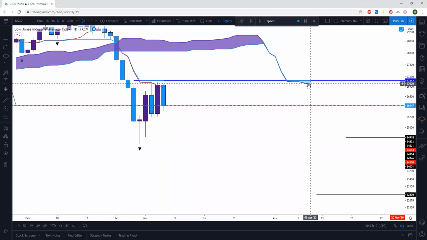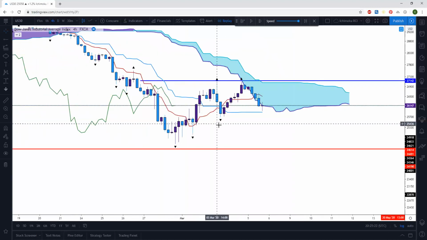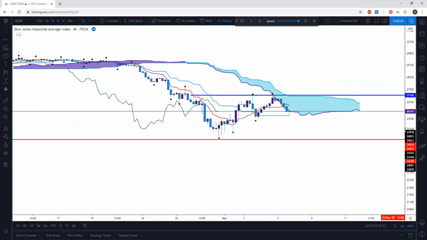And A is angled down, but that's still pretty much flat. So we're going to go down to the 4-hour time frame. What do we see right here? We got a Kumo here, and we got our Kijun off the daily time frame.